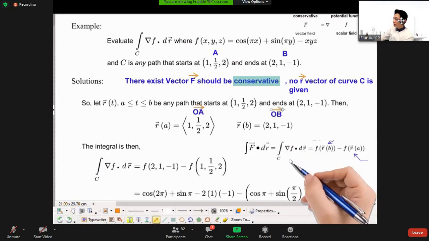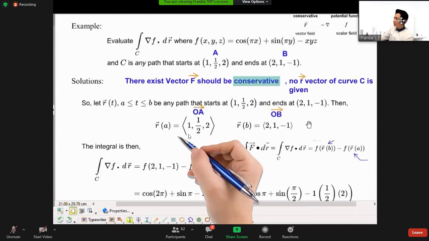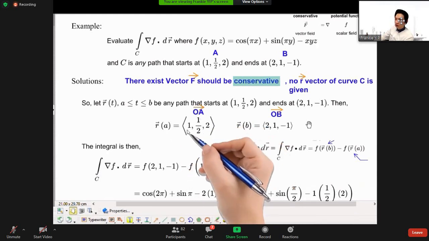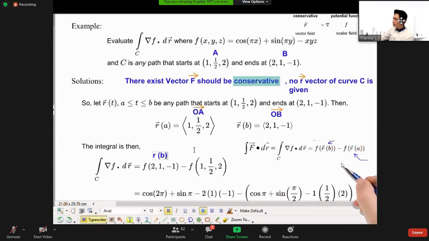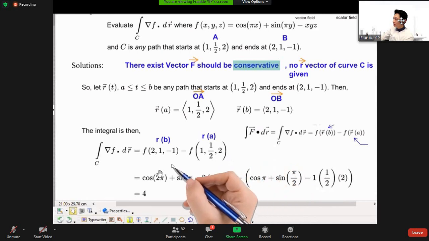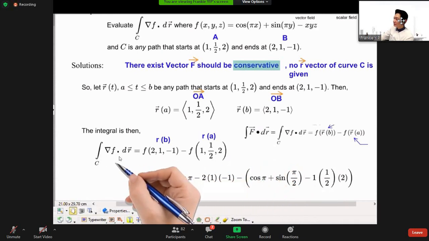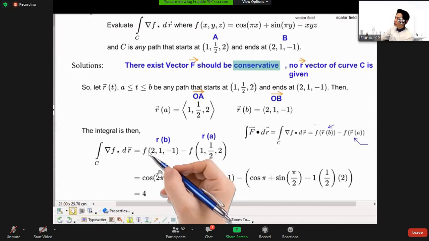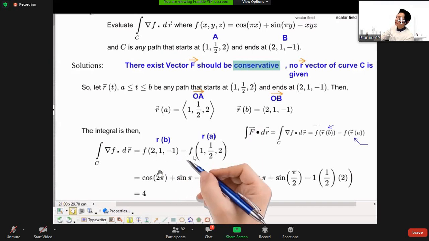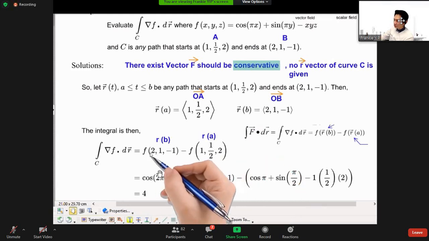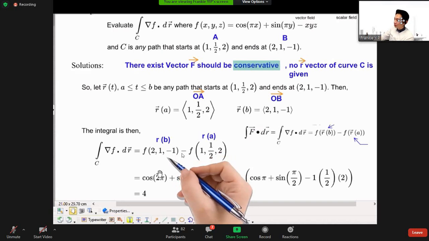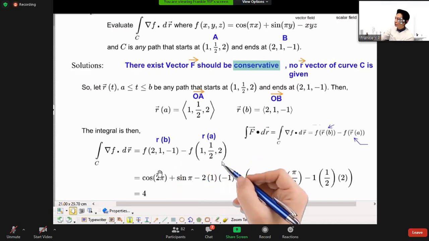I can treat this vector to be the position vector of OA, and this vector should be the position vector of OB. So the integral of del f dot dr is equal to the potential function of f at the final point minus the potential function of f at the initial point.